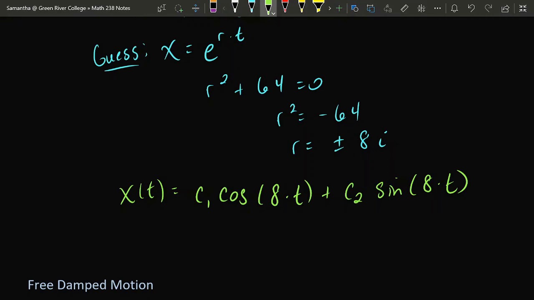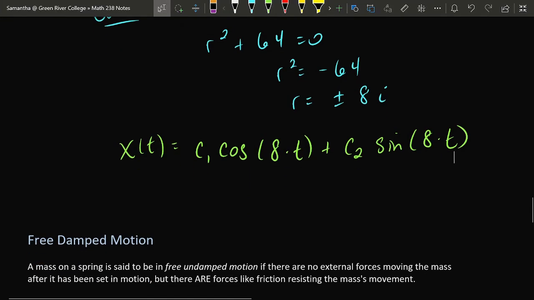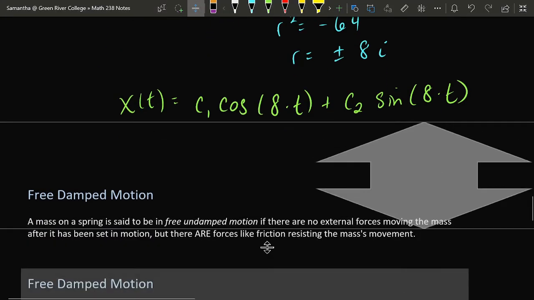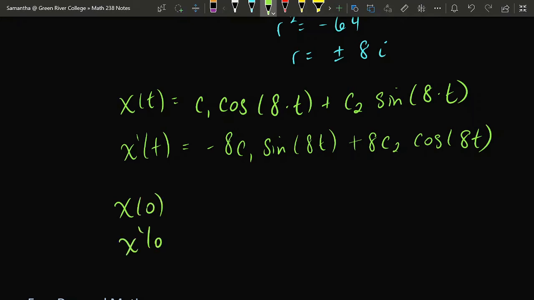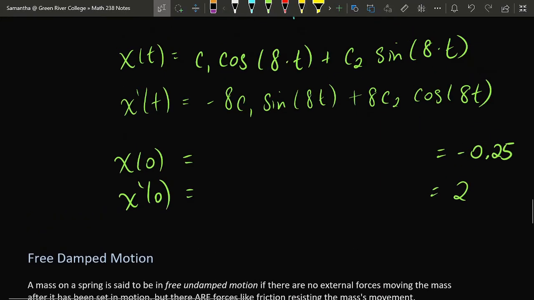And now we need to determine the values of C1 and C2 using our initial conditions. Let me go ahead and calculate the derivative, and plug in 0 to both of these two functions. If I plug 0 into x of t, then the sine term vanishes and I'm left with C1.